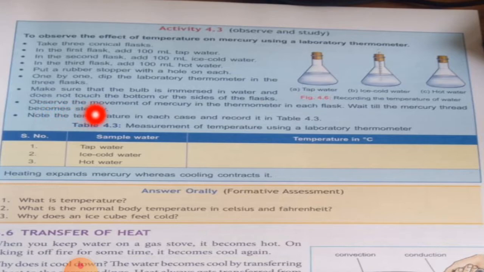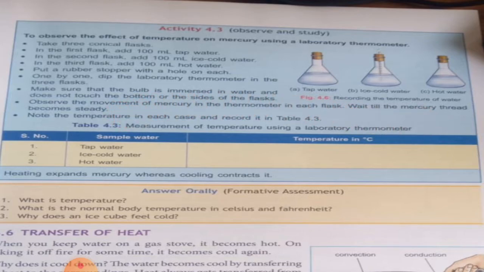Now you have to observe the movement of mercury in the thermometer in each flask. Wait till the mercury thread becomes steady. Steady means becomes regular or well ordered. So you have to observe the movement of mercury in the thermometer in each flask, and wait till the mercury thread becomes steady.